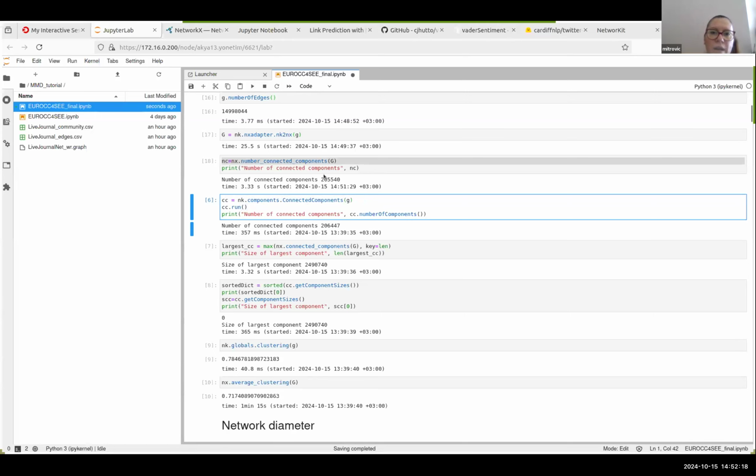The number of connected components found by NetworkX is 205,500. And as you will see, NetworkKit will find the same number of components. What is more prominent is that it's actually 10 times faster than NetworkX.